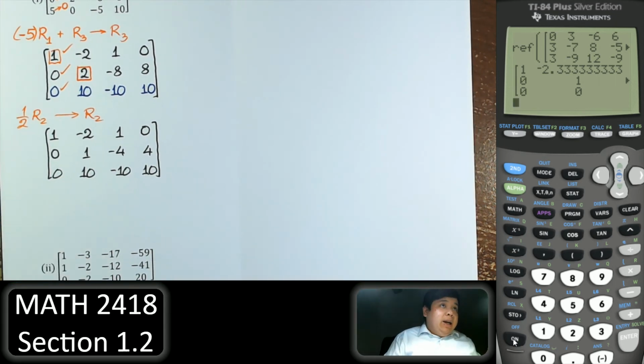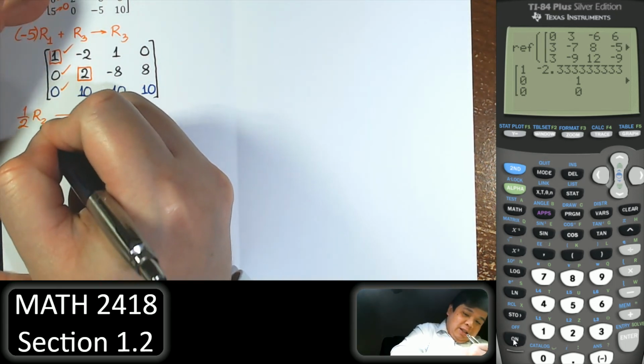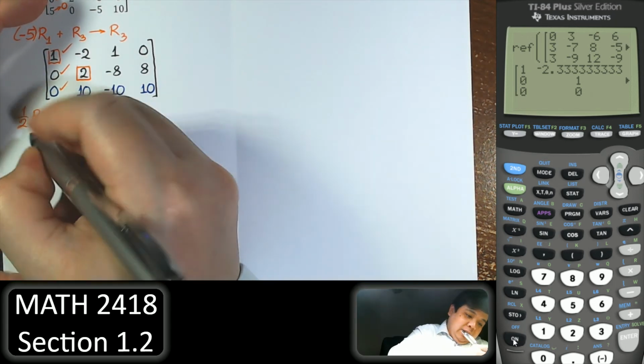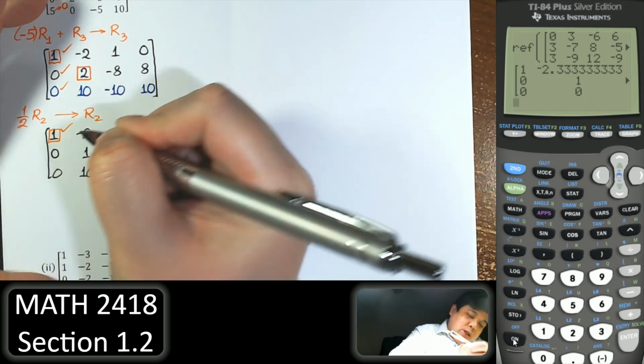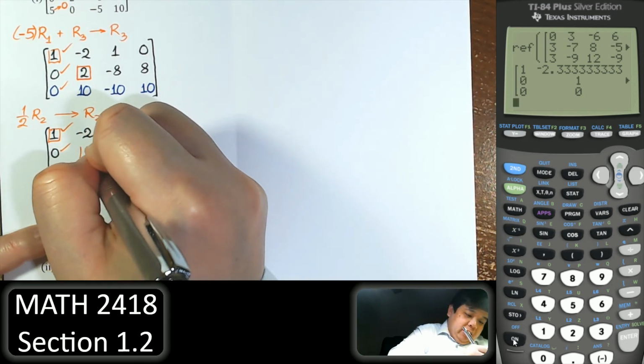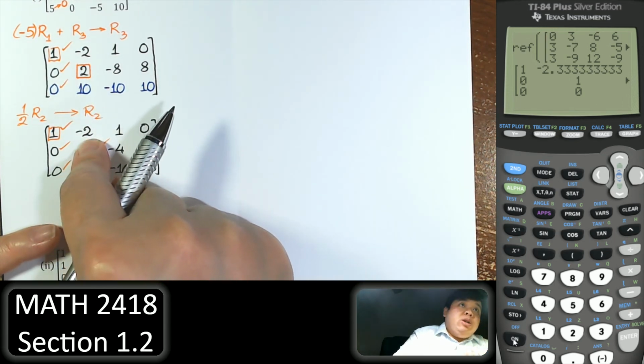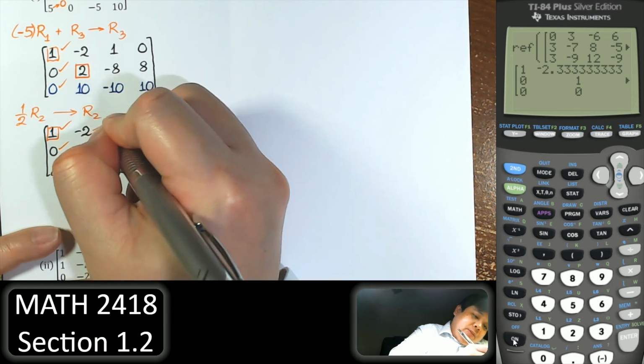Right. Now, the 1 is good, the 0 is good. Now we have the pivot, which is good. Now we will turn that to 0 and that to 0.